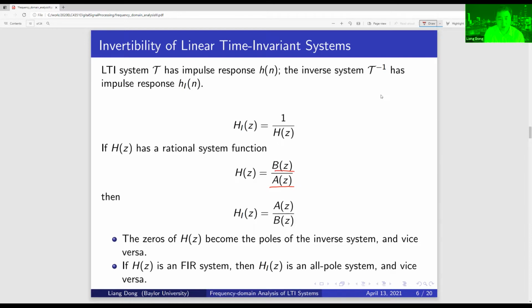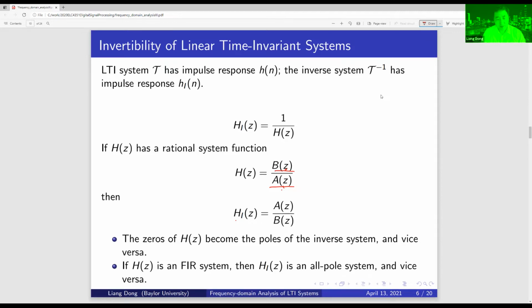If this is the case, a rational system function, then the inverse system can be easily expressed. We just flip the numerator and denominator, so that is A over B, which means that the zeros of H(z) become the poles of the inverse system, and vice versa. Because I change numerator to denominator and denominator to numerator, the zeros and the poles exactly exchange their positions from the direct system to the inverse system.